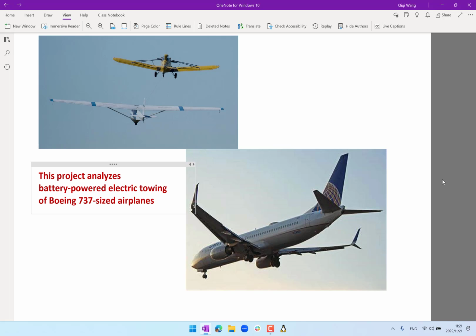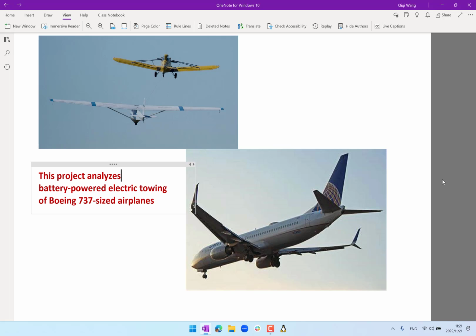Week 2 is going to be now, presumably, the optimal towing airplane is not going to be exactly the same as the existing 737, right? The 737 is really designed to carry passengers burning fossil fuels. But for this project, we only have 3 weeks, so we don't want to design the passenger airplane, but we want to design the towing airplane.